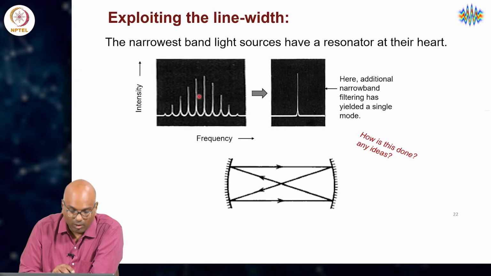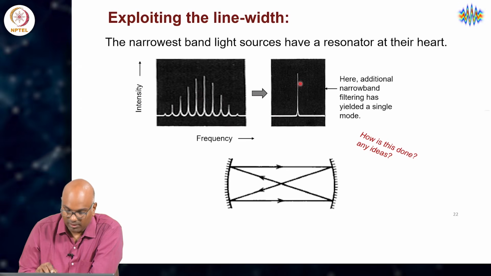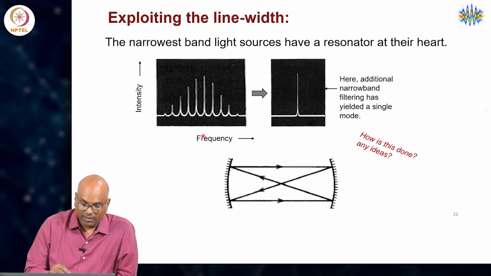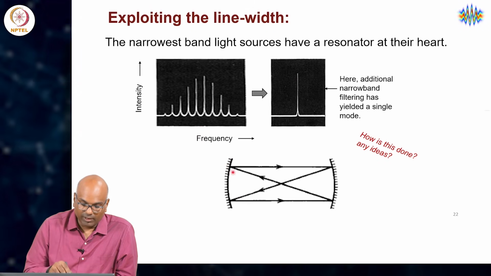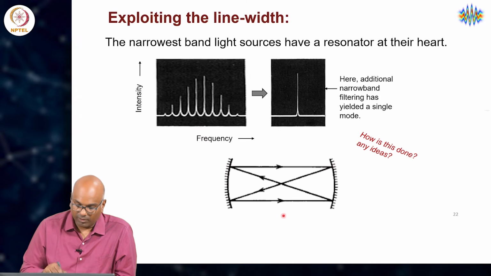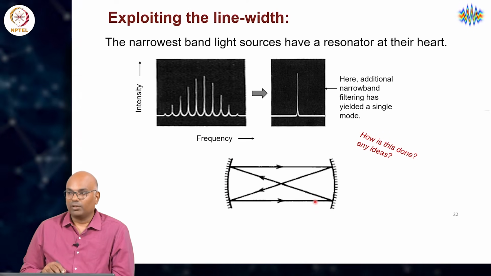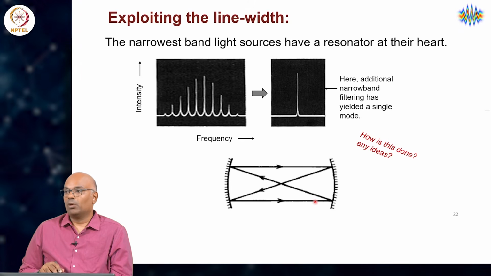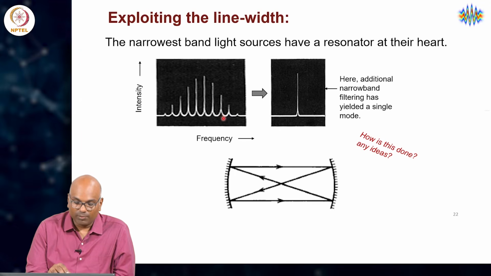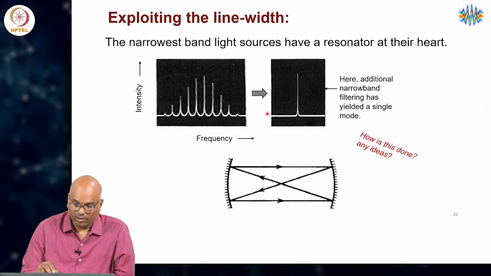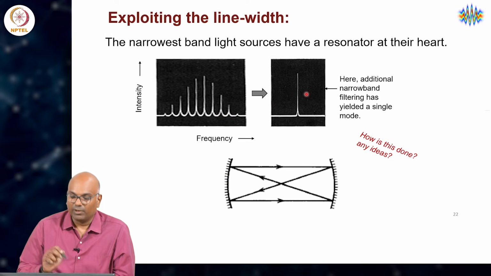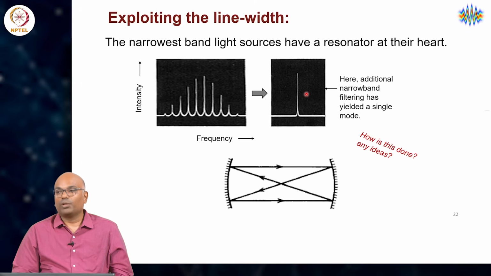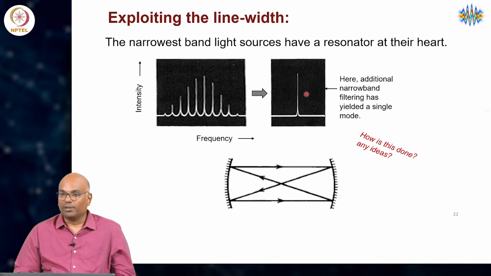So, now how would I convert this into this? In other words, if the frequency spectrum on the left came out of a resonator of the kind I am showing at the bottom, containing two spherical mirrors, what should I do in order to convert the spectral profile of such a source and turn it into this, where we would have just one oscillating longitudinal mode as we had described it earlier.